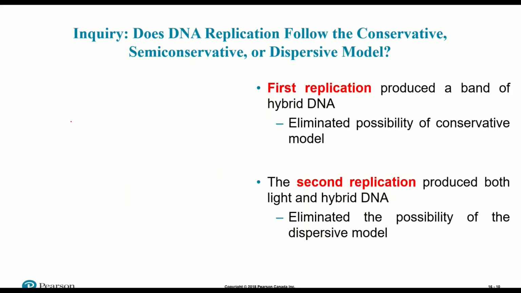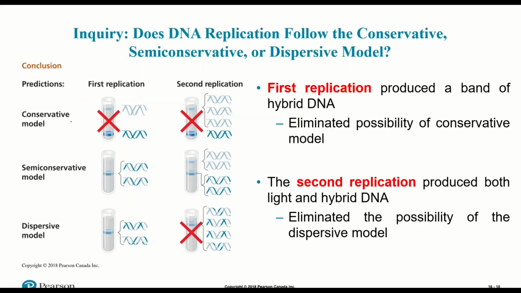To summarize, the predictions of the three models show that the conservative and the dispersive models are not correct. Only the semi-conservative model is correct. We analyzed what the expected results were in the first, second, and third replication.